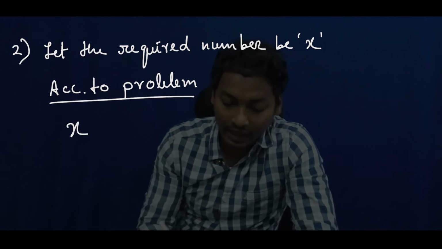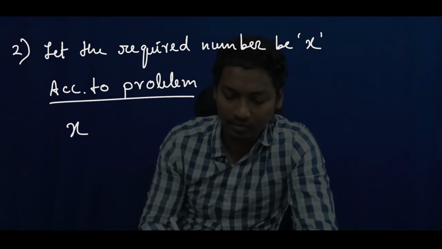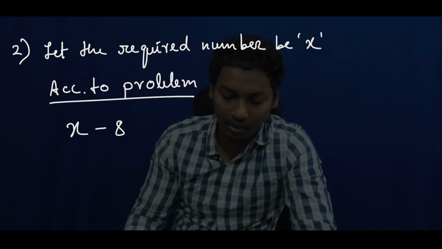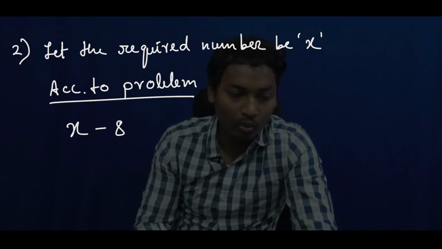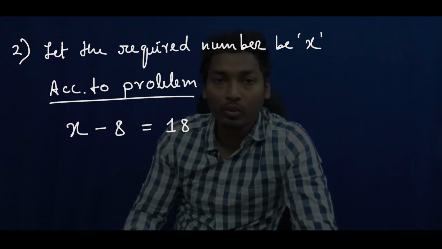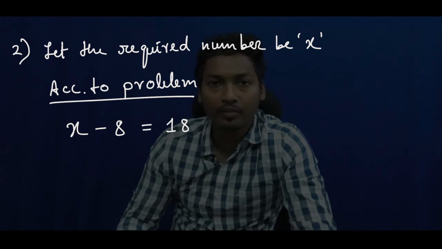So x minus 8. 8 is subtracted from the number. And what do we get? We get 18. So here we have got the equation.